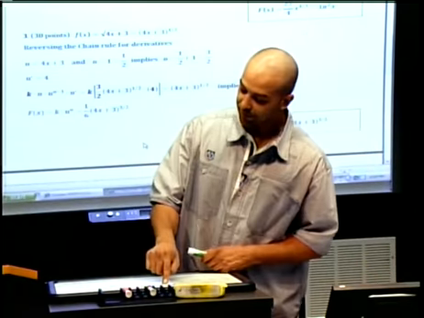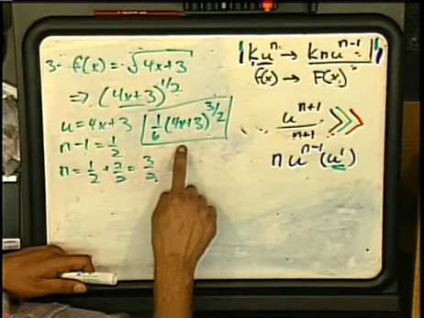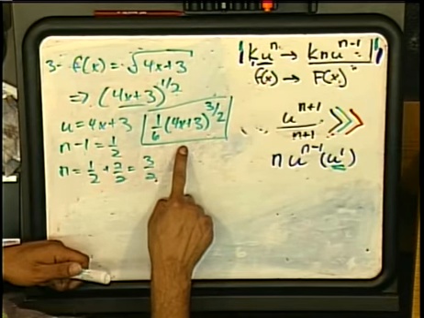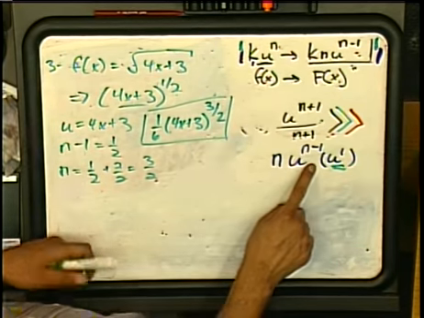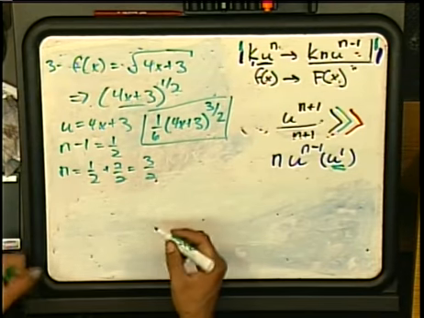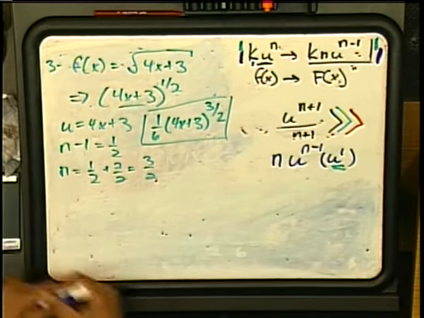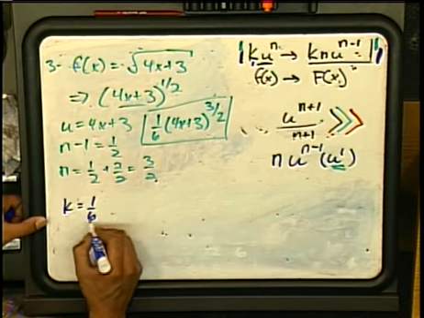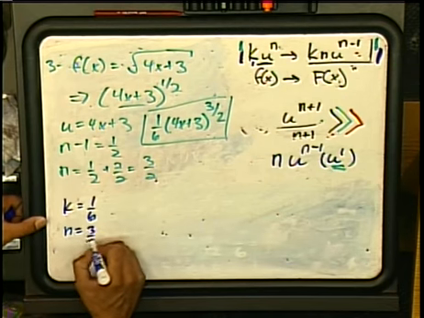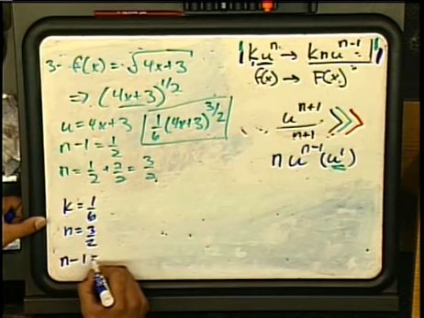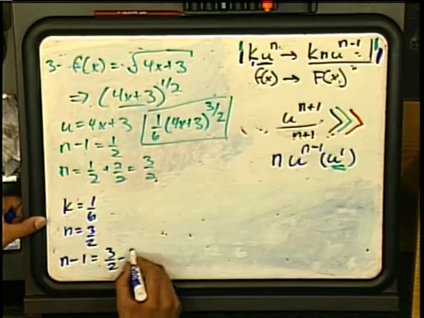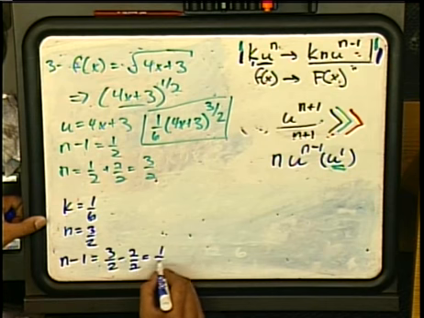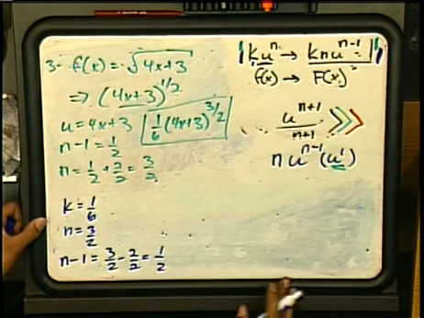We're going to check our answer by taking the derivative of our answer and using this equation. K is 1/6, N would be 3/2, N minus 1 equals 3/2 minus 1 equals 1/2.